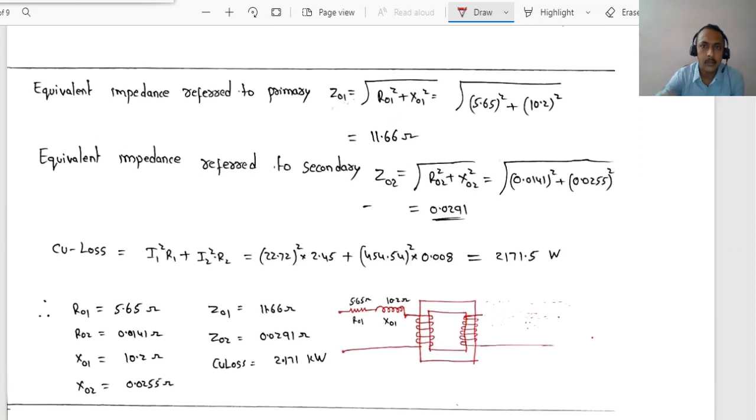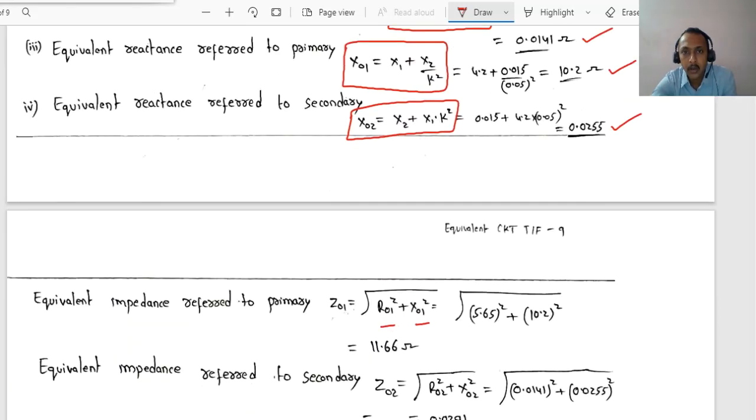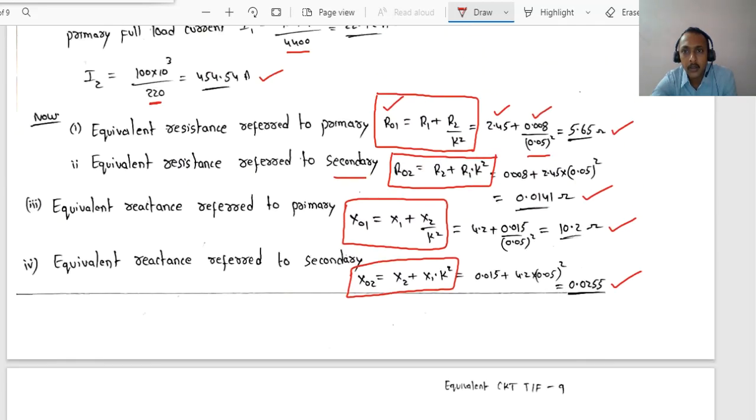Now impedance, Z01 equal to root over R01 square plus X01 square. Just now we have calculated R01 and X01. Observe, R01 is how much? 5.65. X01 is how much? 10.2.